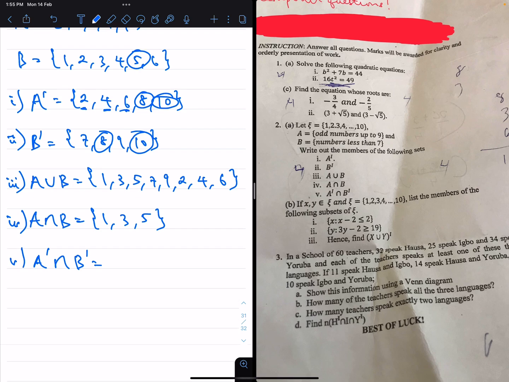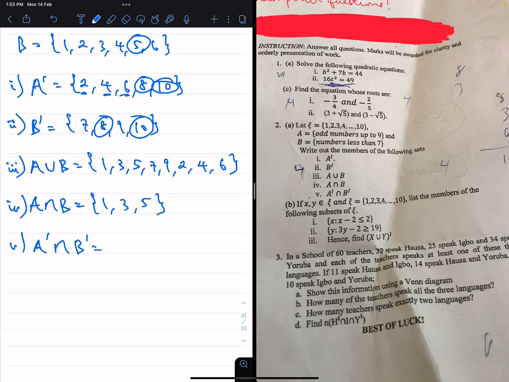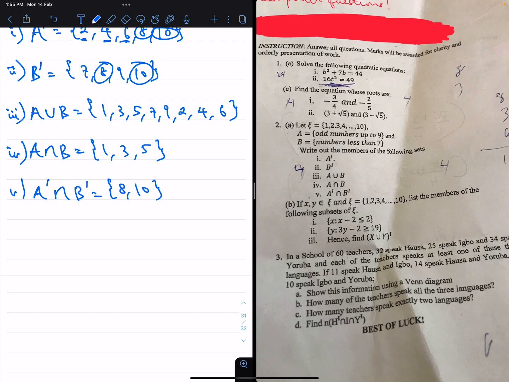So the elements of the set A complement intersection B complement are 8 and 10.